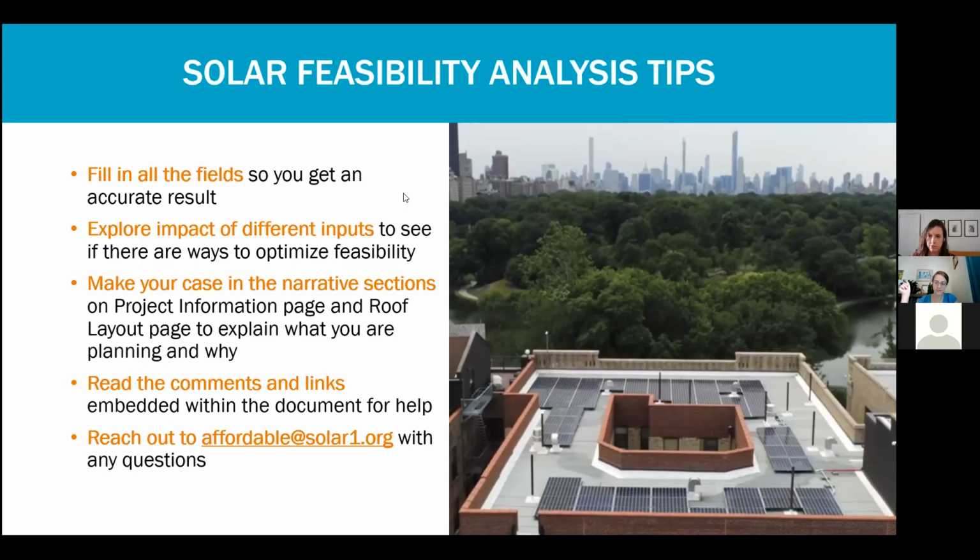Most of the cells have little red triangles on them where you can hover and get an explanation for how to use that. And of course, if you have any questions as you're going through it, you can reach out to us at affordable@solarone.org. We can answer questions, or we could just do the feasibility analysis for you if you're having trouble. So we can help out in any way possible.